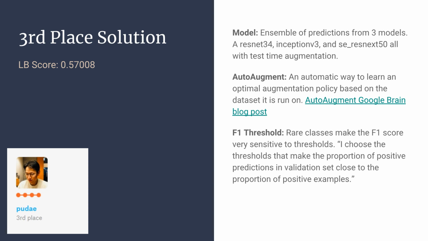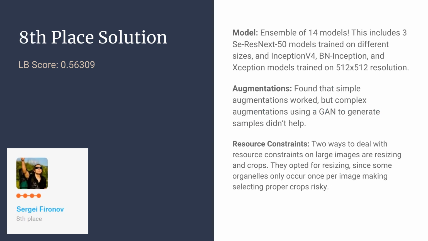And the models are listed up there that they ensembled together, taking predictions from all three of those models. Then the 8th place solution, we're jumping down, but we wanted to talk about this one just to compare how important GPUs are. They had an ensemble of 14 models.